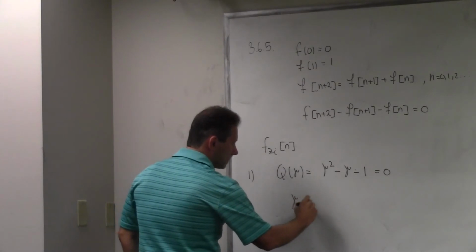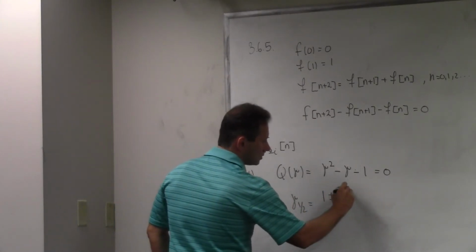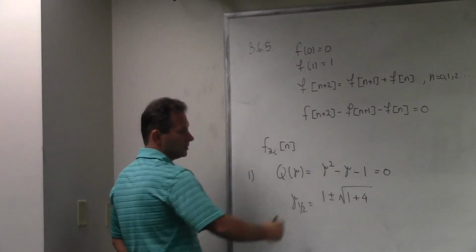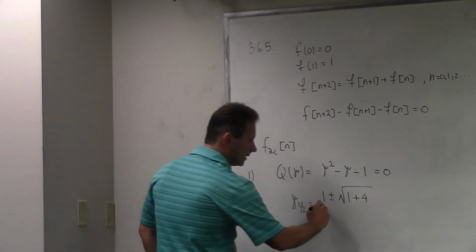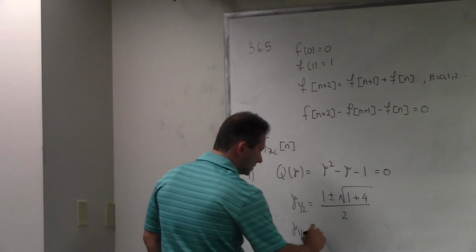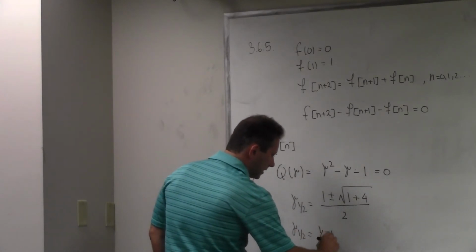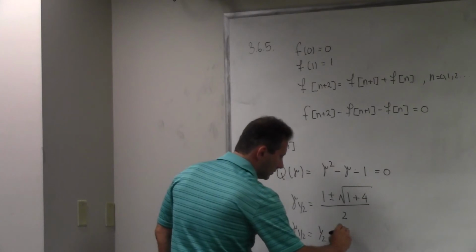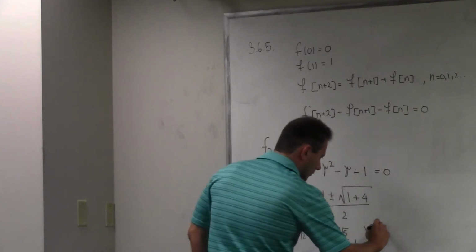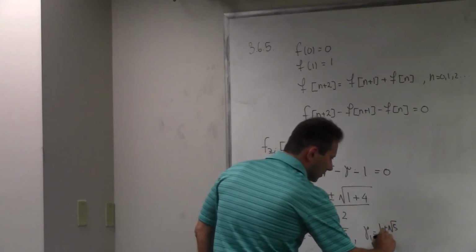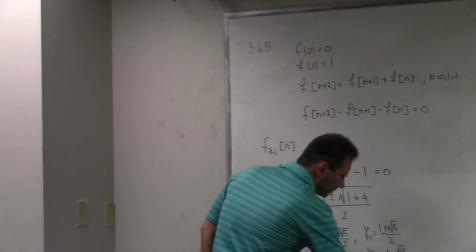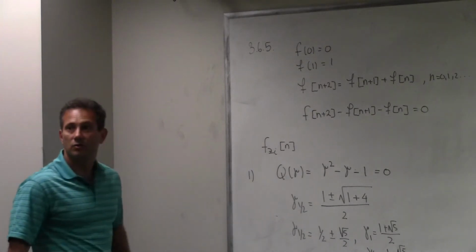So gamma 1, 2 is going to be 1 plus minus the square root of b squared, which is 1, plus 4, divided by 2. So you have gamma 1, 2 as 1 plus minus square root of 5 over 2. In other words, gamma 1 is 1 plus square root of 5 over 2, and gamma 2 is 1 minus square root of 5 over 2. These are our two characteristic roots.